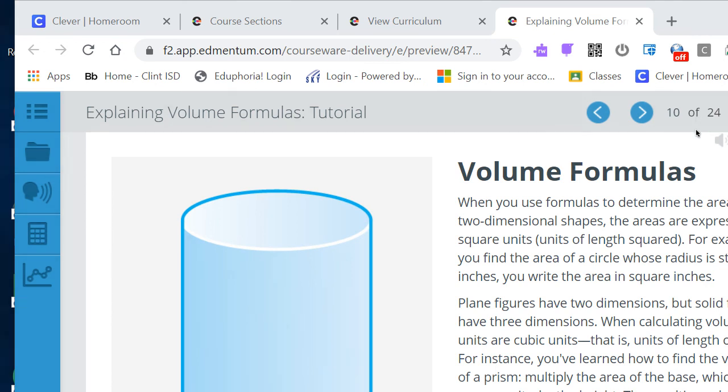Just don't forget that the area of a circle is going to be pi r squared. That's something you cannot forget, pi r squared, and then you would multiply times the height of the cylinder. So a lot of reading, now that you don't have me talking the whole class. Now you have to read on your own, guys, but it's the exact same thing.